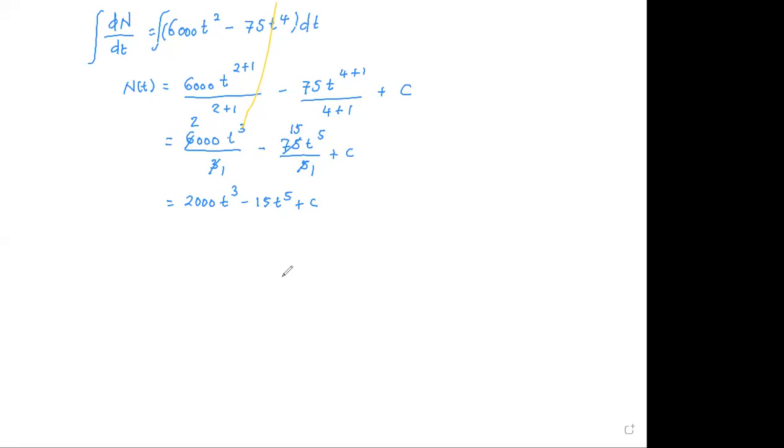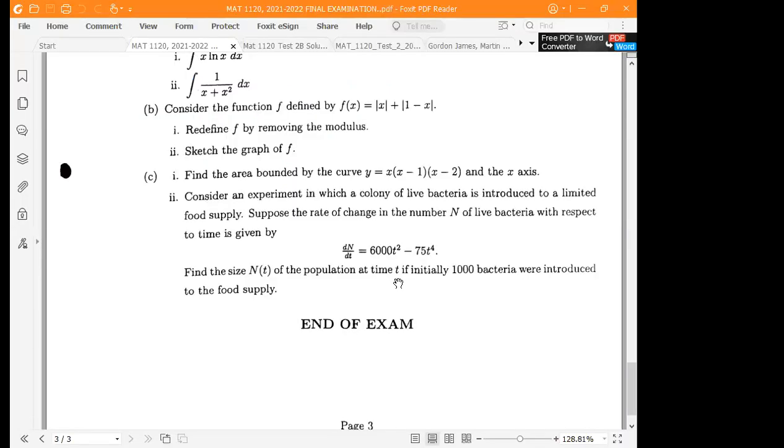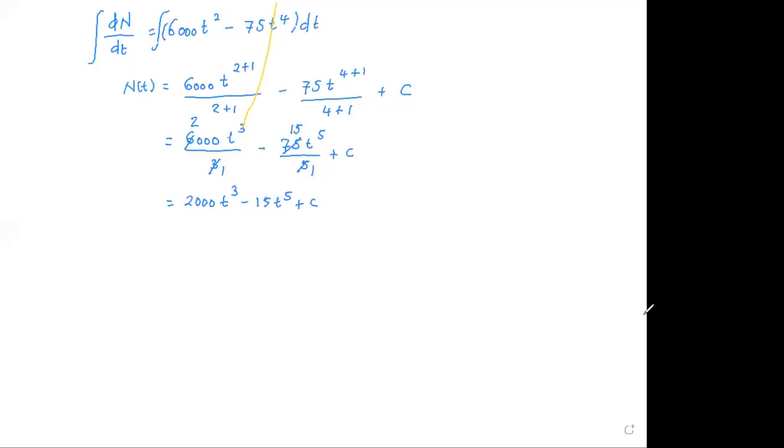And then the question reads, so that's the integral. But the question says, find n(t) of the population at time t if initially 1,000 bacteria were introduced. So initially means before t comes in. So initially means before time starts ticking. So where there is t in the initial statement, you put a 0.